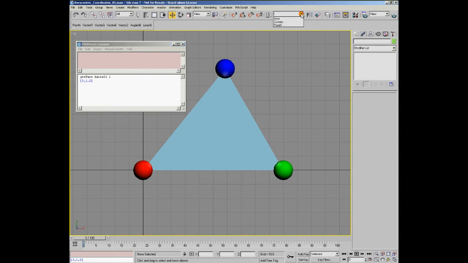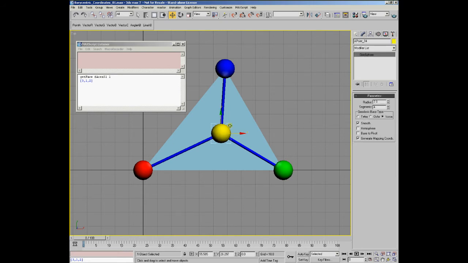Now let's take a fourth point in the same plane as the three vertices. That means in the plane of the face itself. And let's connect this point with the 3 points, the 3 corners of the triangular face.